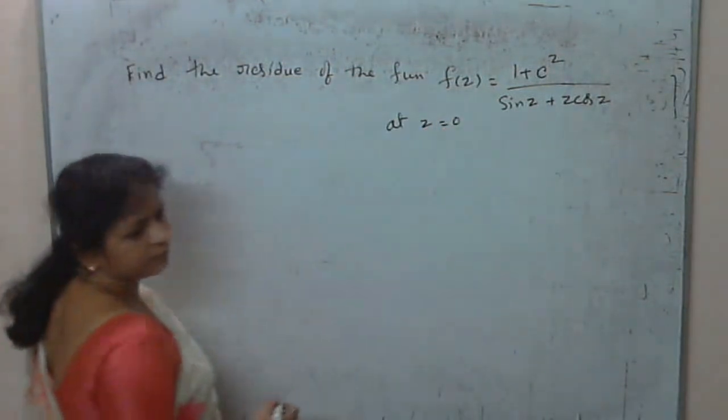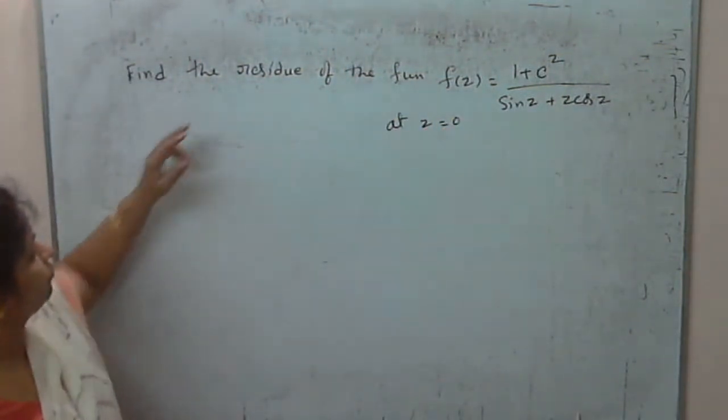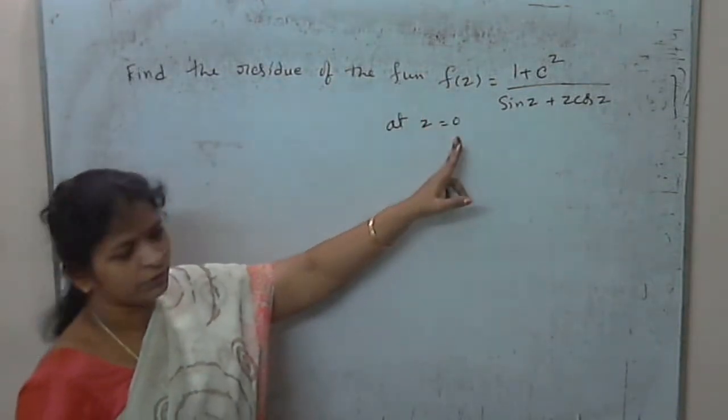So this is the given problem. We have to find the residue of the function at z equal to 0.